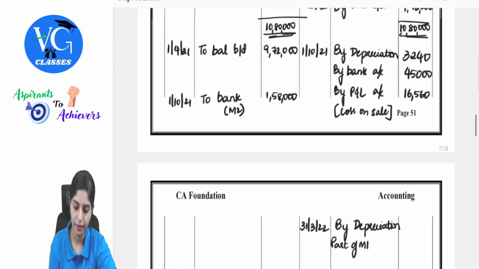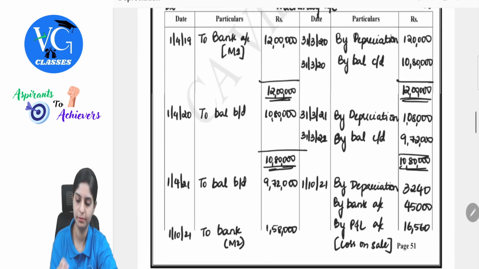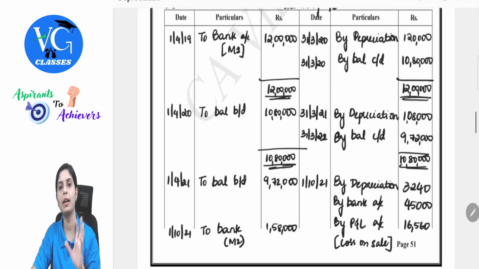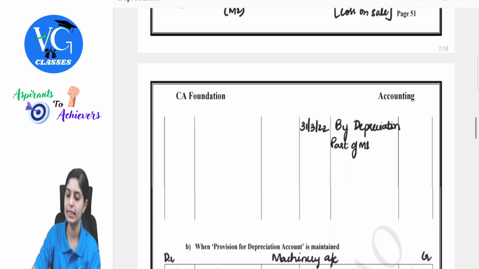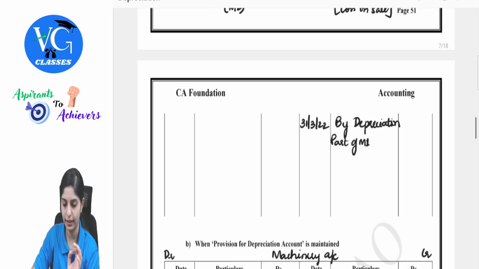Now part of M1. How much will be left? See, if I have to take the breakup in 12 lakh, they were telling 80,000 is what it represents. So if I take out 80,000 from 12 lakh, 11 lakh 20,000, 10% first year, 10% second year. So the balance in the third year is 9 lakh 7,200.